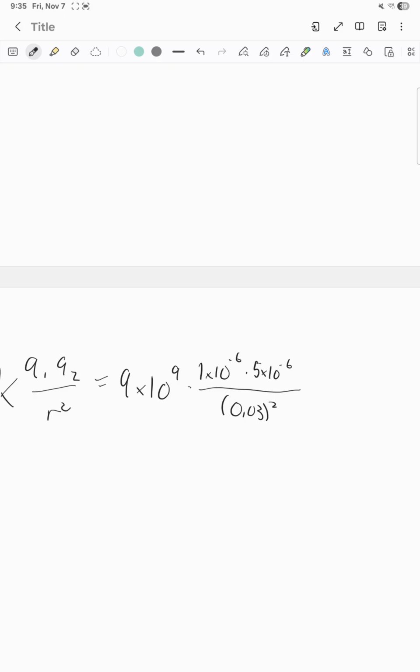So 9 times 10 to the 9, and then we multiply by 10 to the negative 6, by 5 times 10 to the negative 6, and then we divide by 0.03 squared.